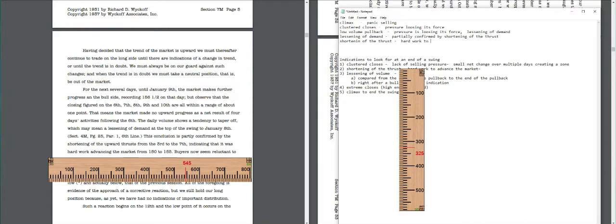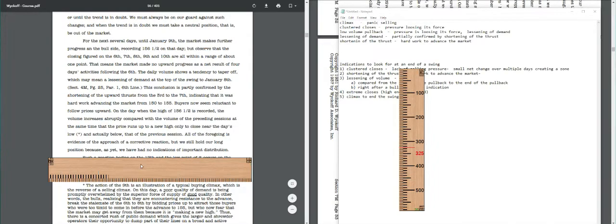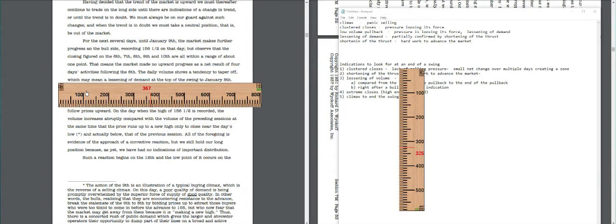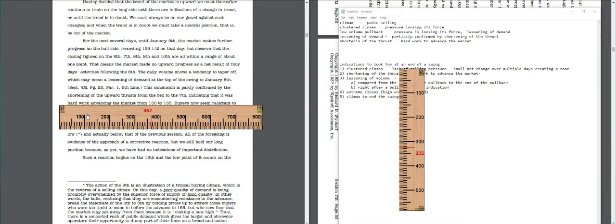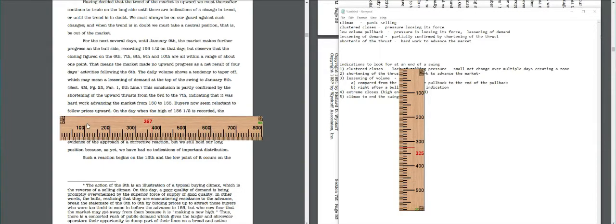Hard work to advance the market. And what does that mean?